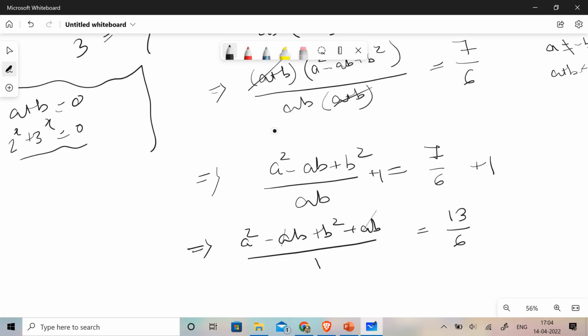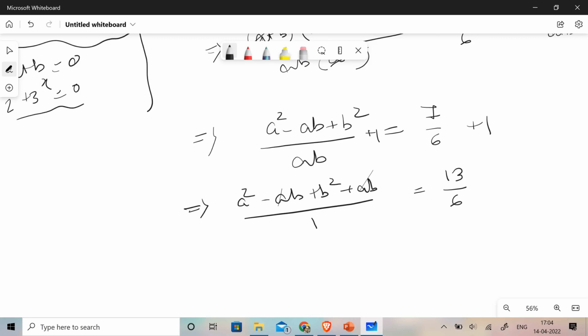This ab would be cancelled out. Sorry, it would not be 1, it would be ab. So we have a square plus b square divided by ab equals 13 by 6.